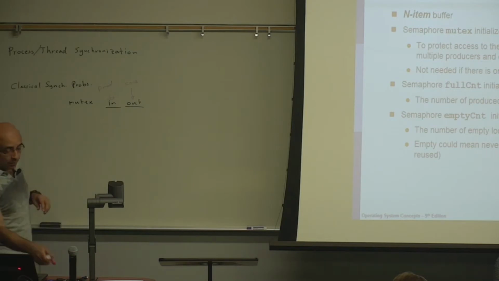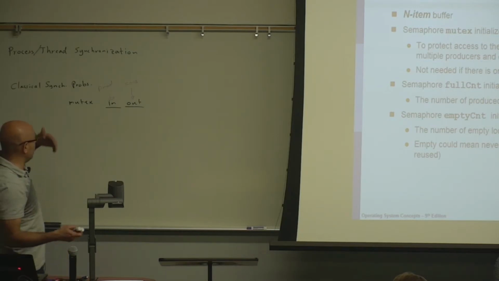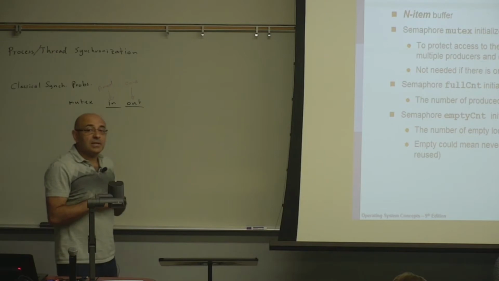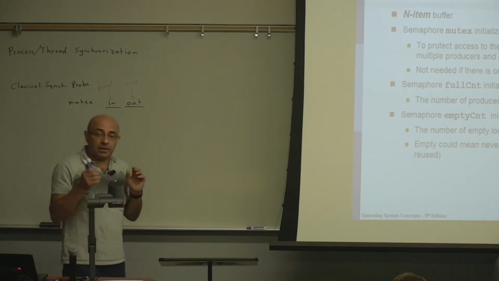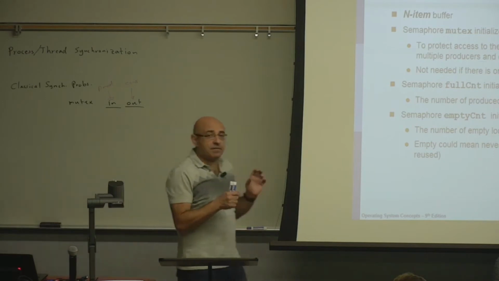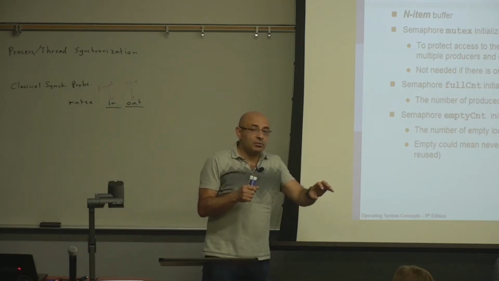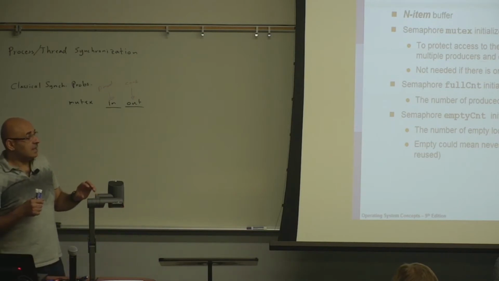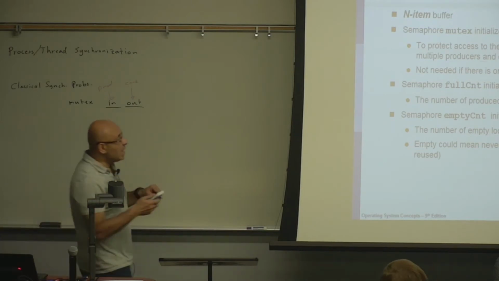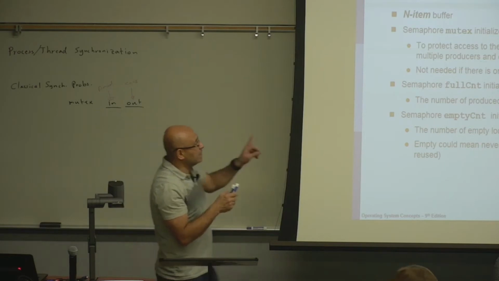Now, in addition to protecting the variables, we need to synchronize access to the buffer. In particular, the point is to have the producers wait when the buffer is full, and the consumer wait when the buffer is empty. So we have 2 counting semaphores.